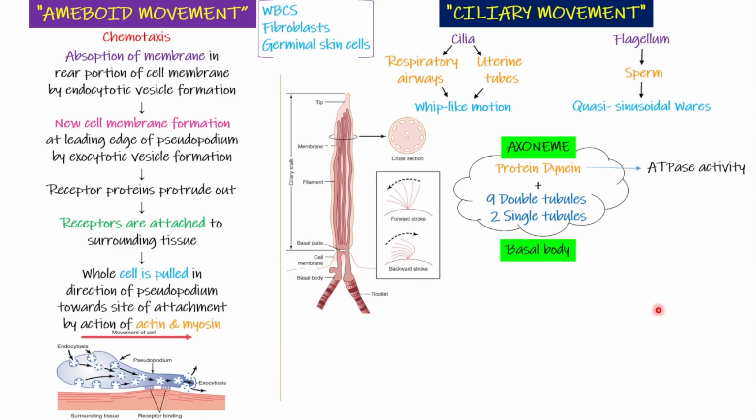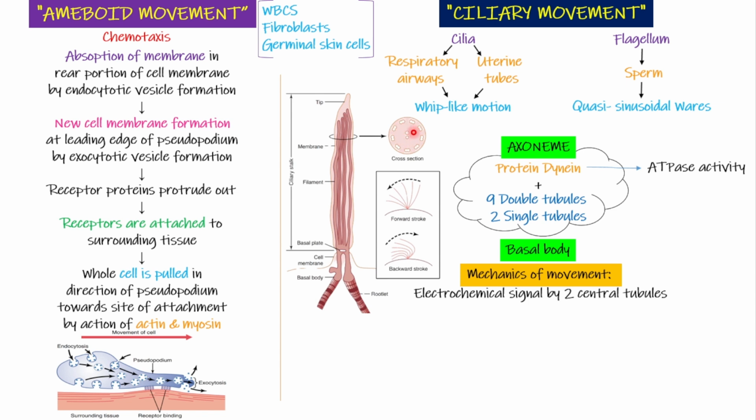Now how exactly is ciliary movement going to take place? What is the mechanism of its movement? It starts with the electrochemical signal which is generated by the 2 central tubules.